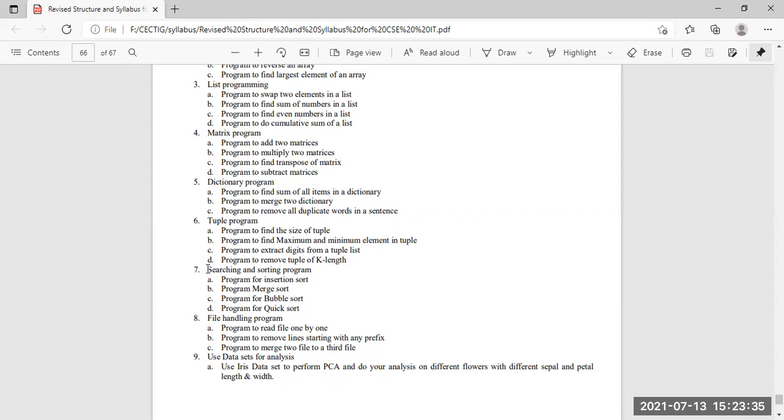Then in some C programming classes we have talked about merge sort, quick sort, bubble sort, and the definition of searching, which we have done previously. So now we are going to discuss this particular topic. Our first problem is bubble sort. We are going to do programming for bubble sort.